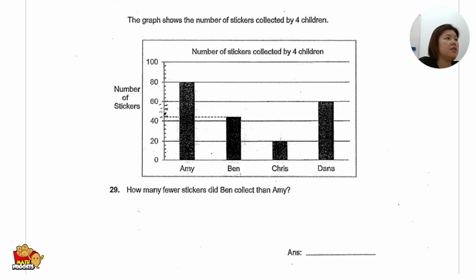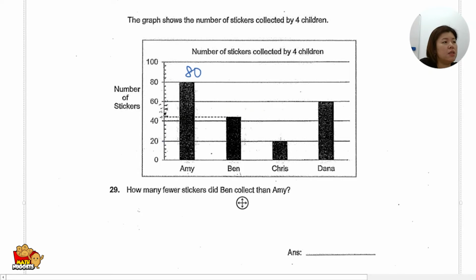So Amy is 80. Ben is, let's find out, 20 to 40, the difference is 20, so it's 1, 2, 3, 4, 5.